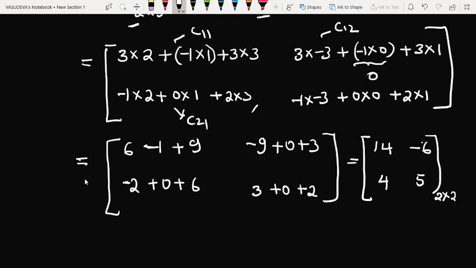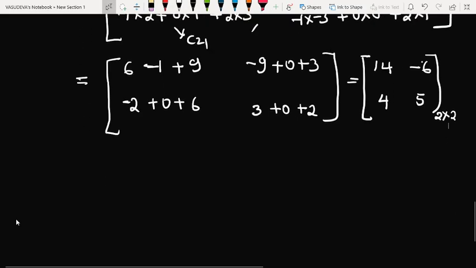So these are some examples of how to multiply matrices. Now let's take a different example using trigonometry formulas.